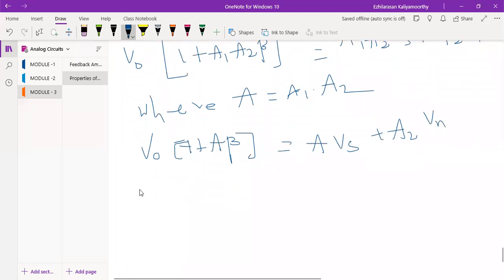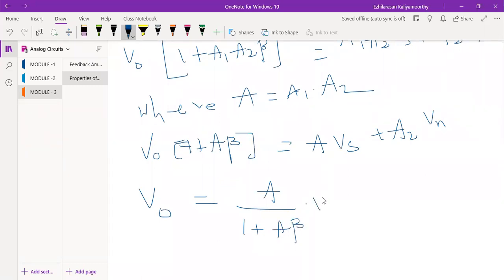Okay. So now from this I can say that V0 is equal to A by 1 plus A into beta into Vs plus A2 divided by 1 plus A beta into Vn.